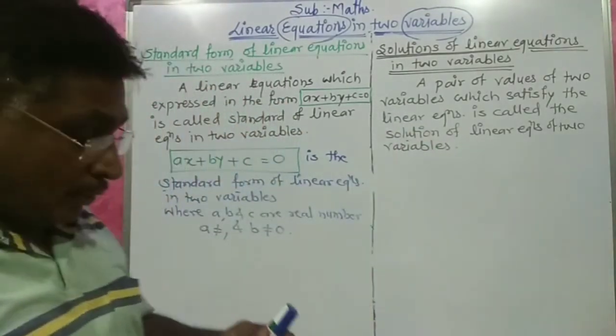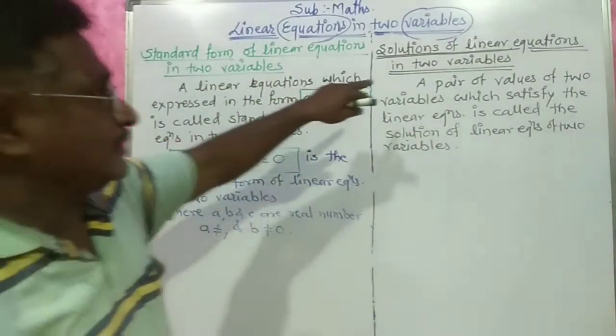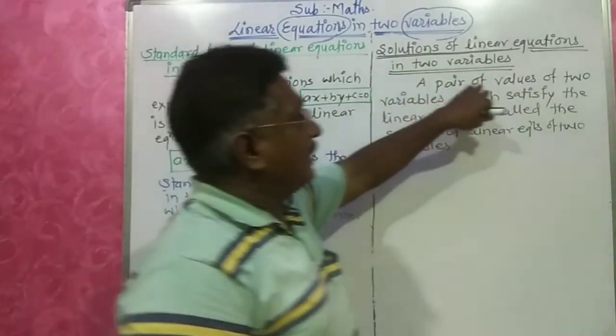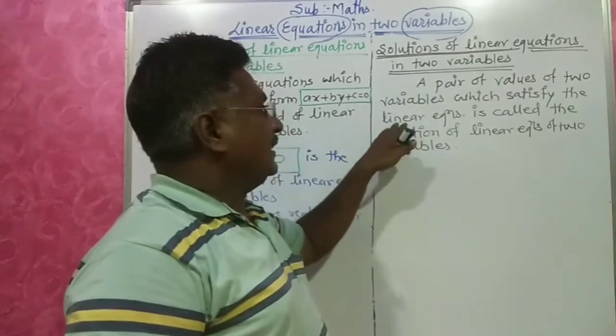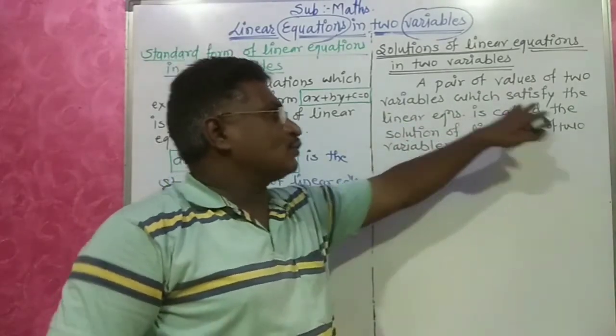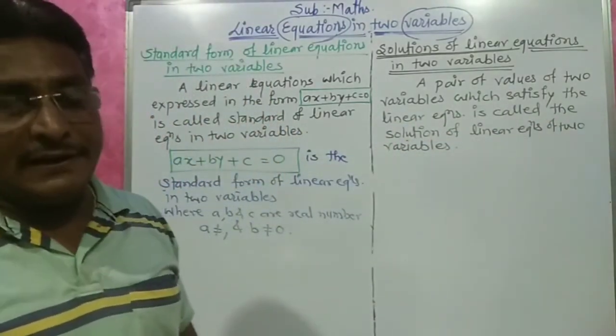So what is the meaning of solutions of linear equation in two variables? A pair of values of two variables which satisfy the linear equation is called the solution of linear equation in two variables.